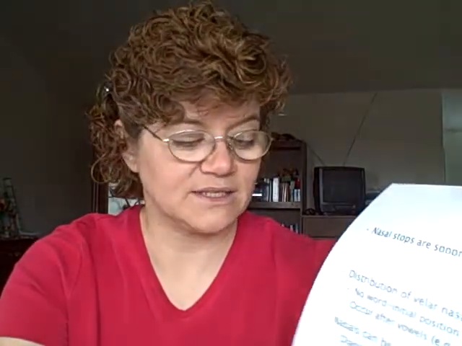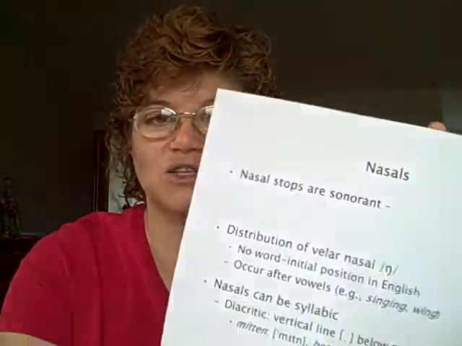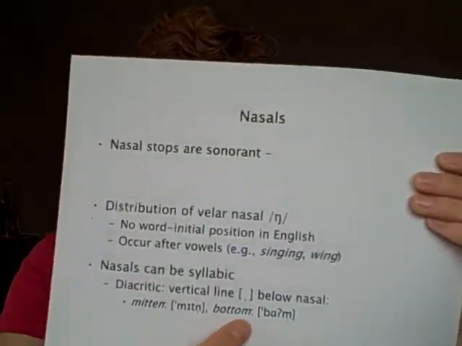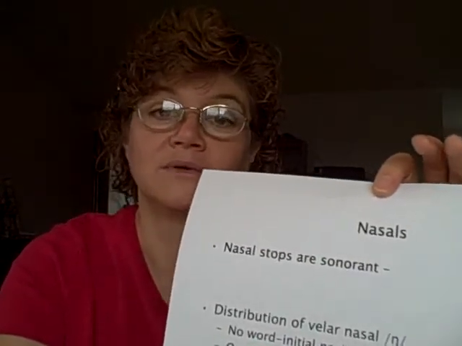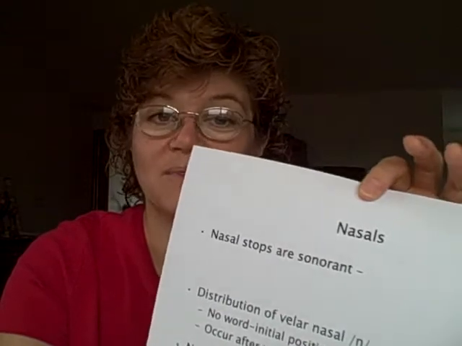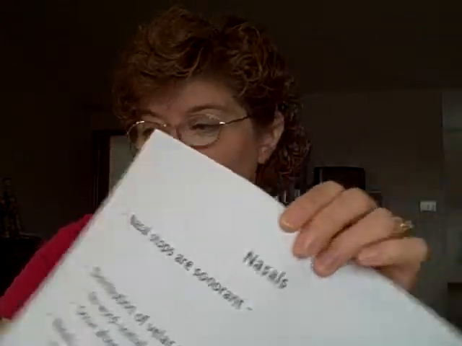If I'm saying it correctly, you actually use the n. But mitten, it becomes a syllable in itself. And because it's syllabic, you put the diacritic mark under the n. Let's talk about bottom. You do the same thing. You don't go bottom, you actually go bottom, and the m becomes its own syllable.